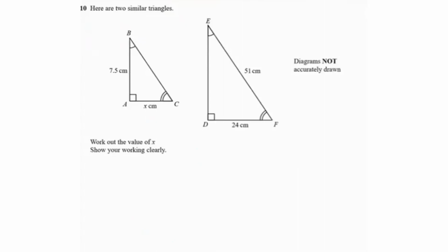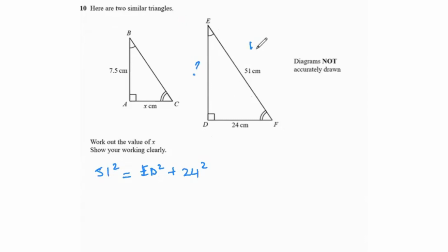Then it says here are two similar triangles. Work out the value of x. To work out the value of x, we need to find ED, because we have the length similar to ED, which is BA. We don't have the length similar to EF, which is BC. Once we have this, which we can find using Pythagoras, we can easily use the similar shapes concept to find x. According to Pythagoras, 51 squared equals ED squared plus 24 squared.